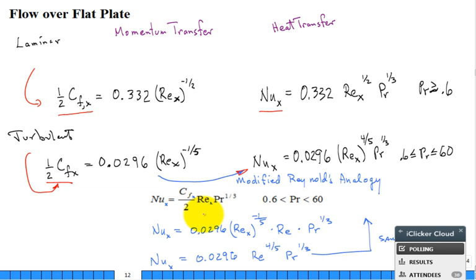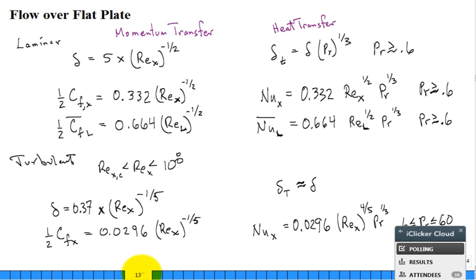Okay, so this is the modified Reynolds analogy. You just take the 1/2 of Cf, the skin friction coefficient, substitute, simplify, same coefficient. You get a change in the Reynolds number from a -1/5 to a Reynolds number of 4/5, and the Prandtl number of 1/3 goes along. Make sense? I'm going to try and summarize all this, but it'll give you a headache. Laminar in the top half, turbulent in the bottom half. Boundary layer thickness, skin friction coefficient, local, average.